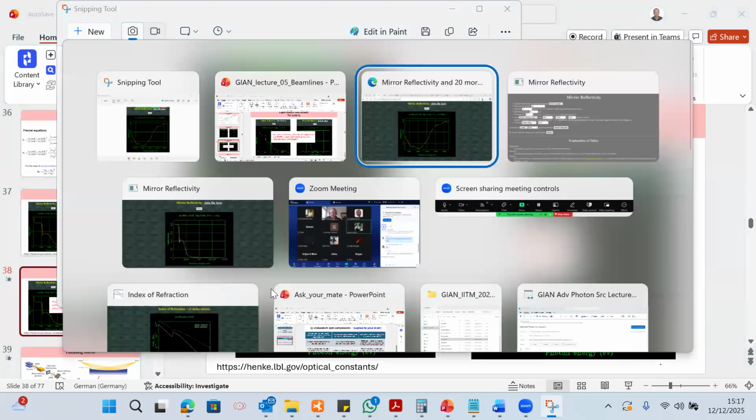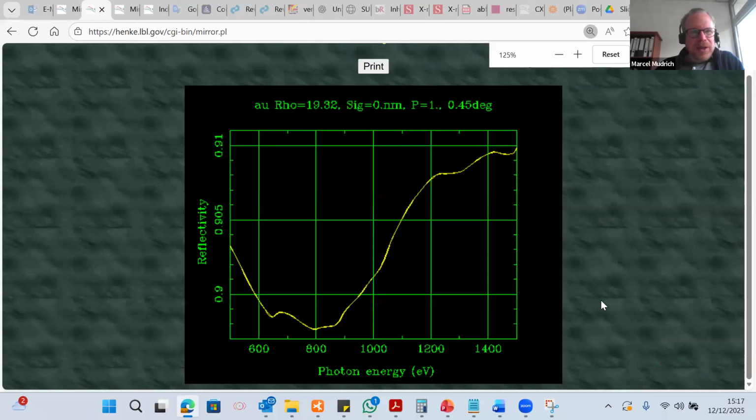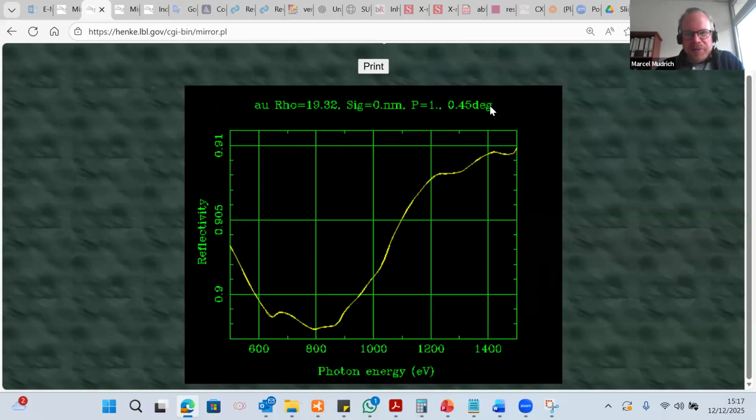Yeah, I agree. If you look at my screen again, here I plotted 0.45 degrees in the range between 500 eV and 1500 eV, and you can see that at 1 keV it's just slightly above 90% reflectivity.